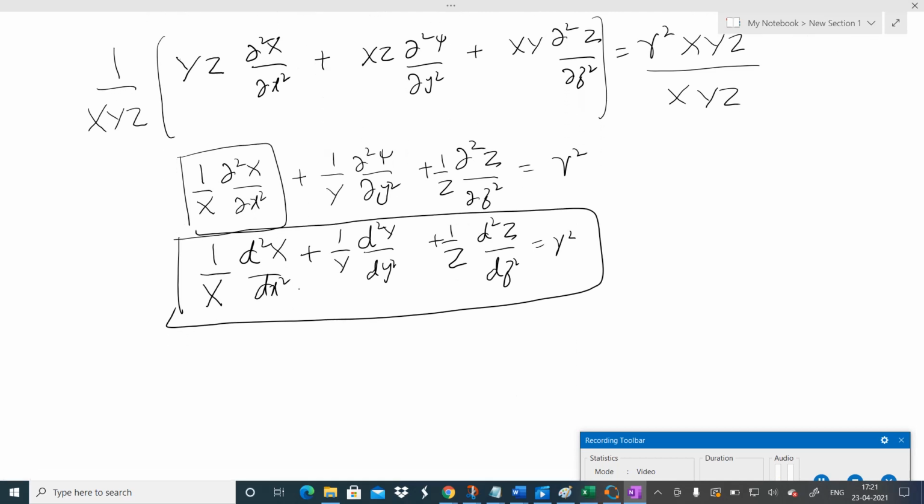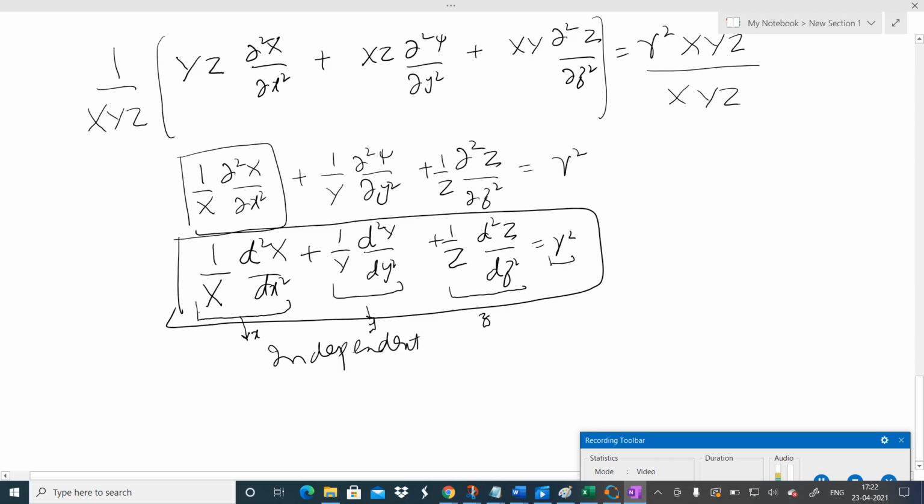Now here we use one argument. You see, we have three terms here. This is only a function of x, this is only a function of y, this is only a function of z, and this gamma is a constant. You are adding three independent terms. Because this does not have any term in y, it does not depend on the second term. This does not have any x or z term.